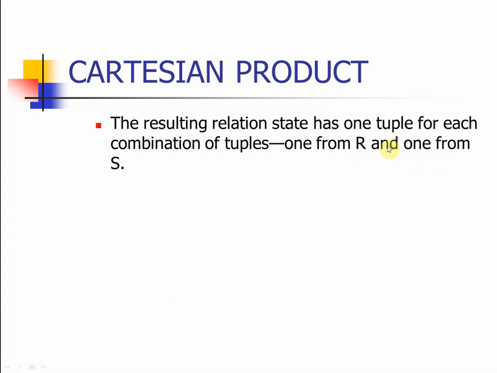Not only will the table have all the attributes from the first table and all the attributes from the second table, but, more interestingly, it will combine every tuple of the first table with every tuple of the second table, creating every possible combination of the two tables.